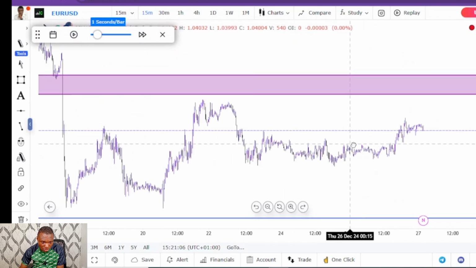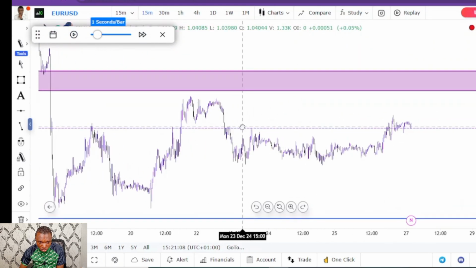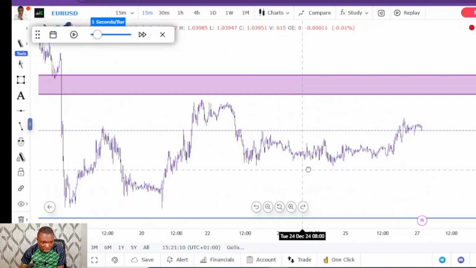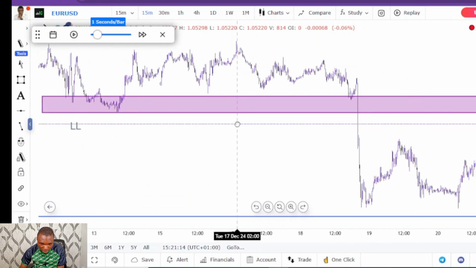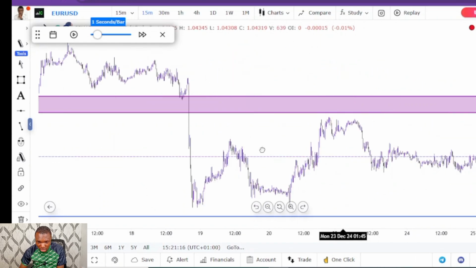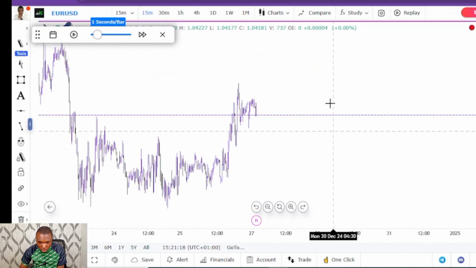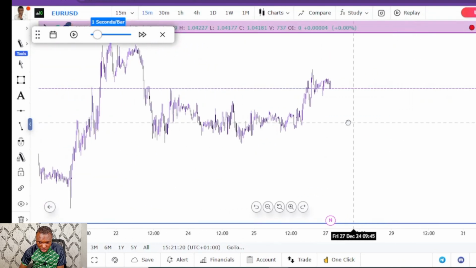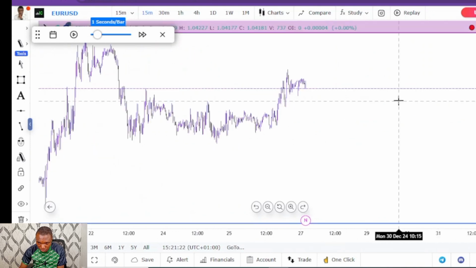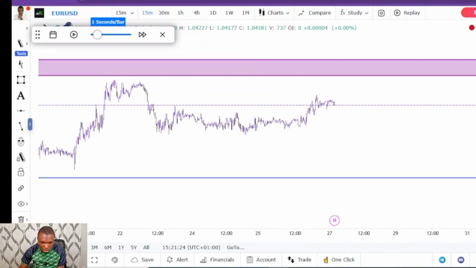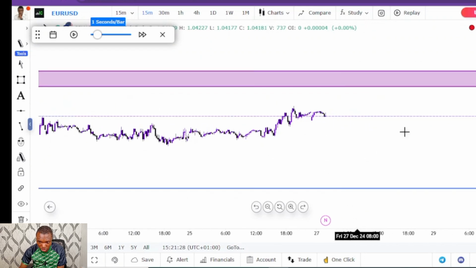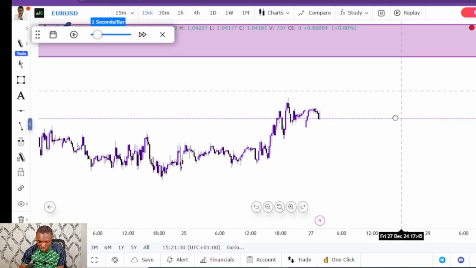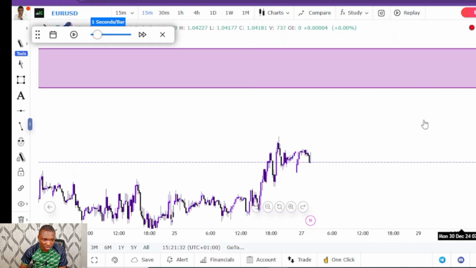So you're expecting the market to go back into this particular area and you're looking to capitalize on this opportunity. Let's see what happens if there's going to be a reaction in that particular area.